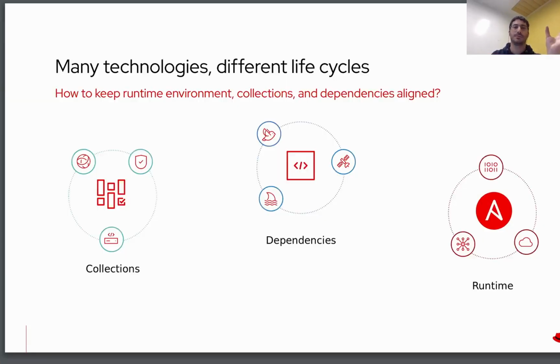So starting from the create, in the Ansible case, we have those 3 components, which are the collections that are maybe third parties or you have created your own. There are a bunch of dependencies probably that are required by those collections. And then there is the runtime, so the Ansible version effectively.